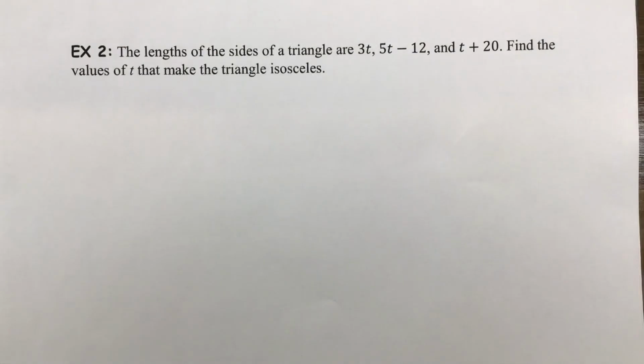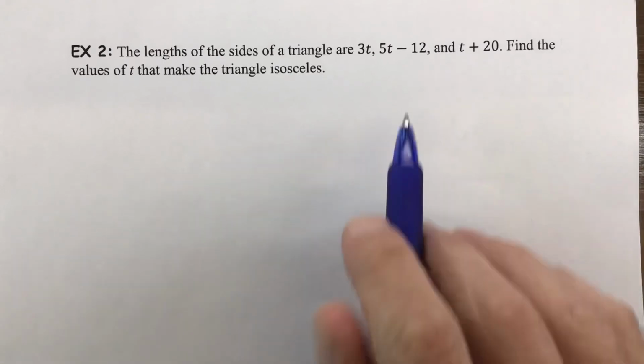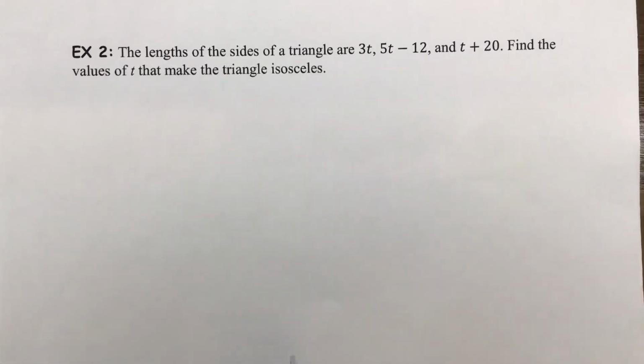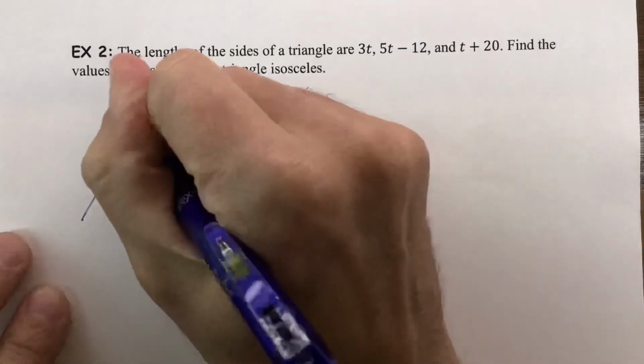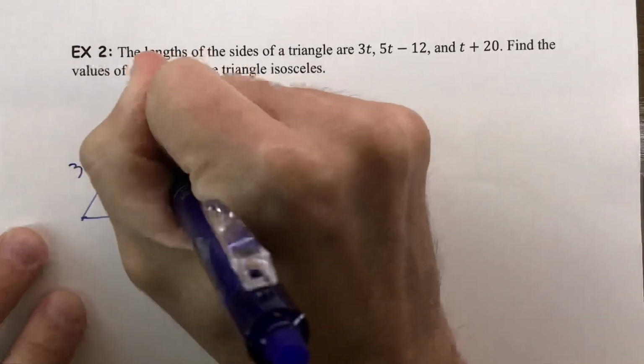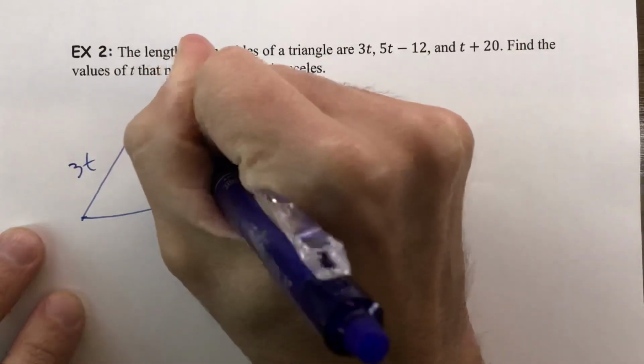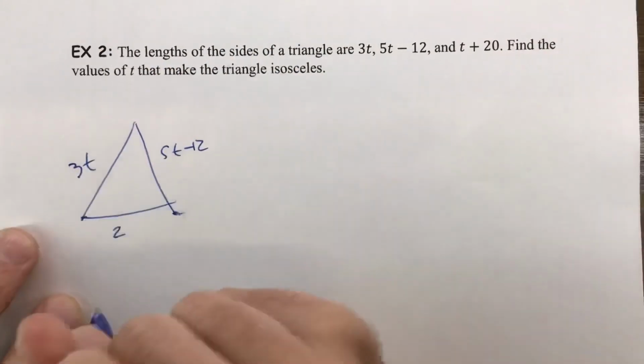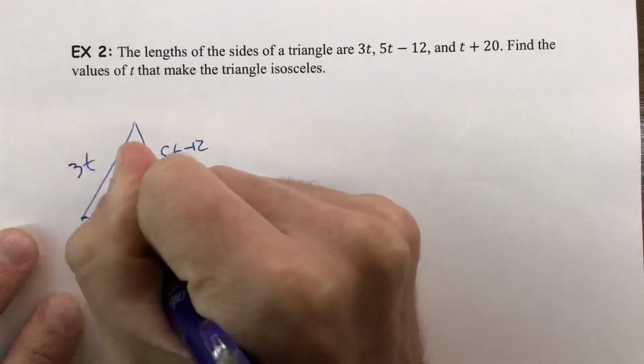Example 2, the lengths of the sides of a triangle are 3t, 5t minus 12, and t plus 20. Find the values of t that make the triangle isosceles. This is an interesting question because we've got all 3 sides of a triangle being described. Let's do a quick sketch and label everything: 3t, 5t minus 12, and t plus 20.